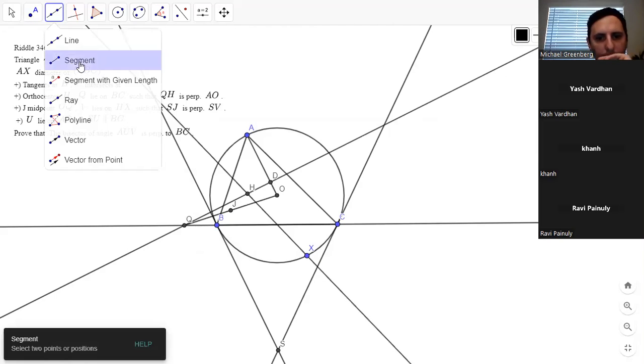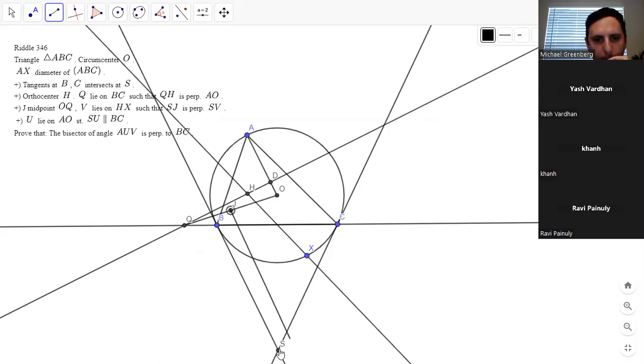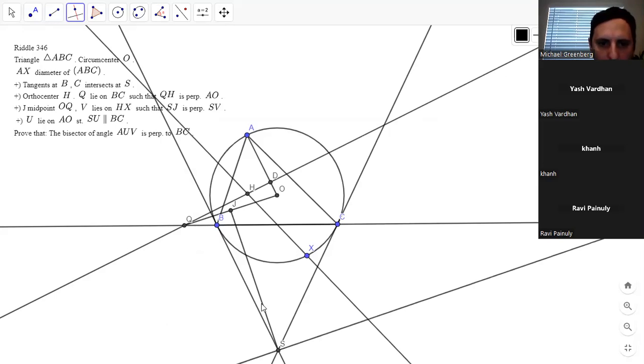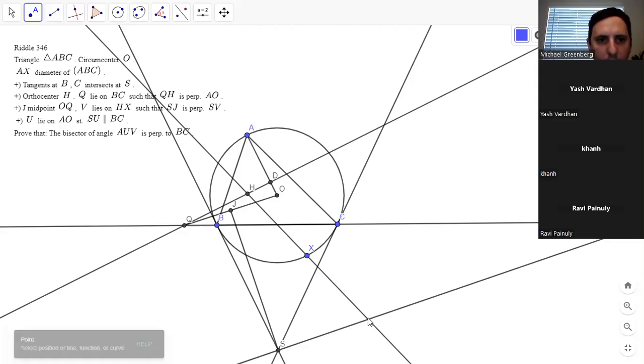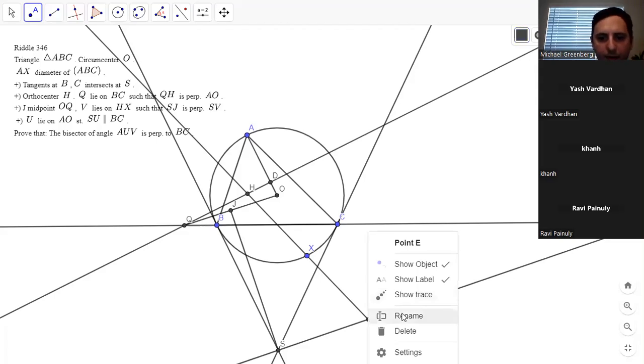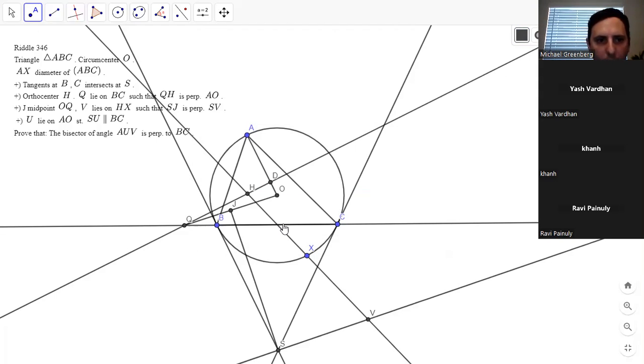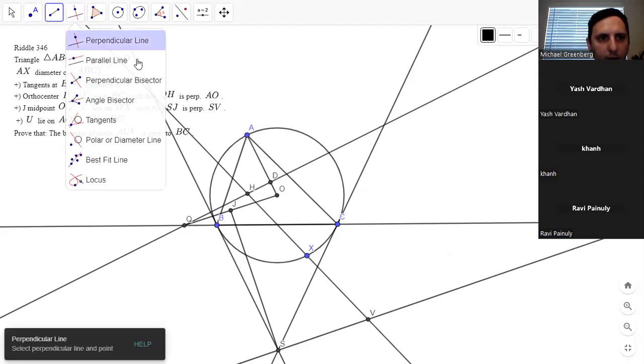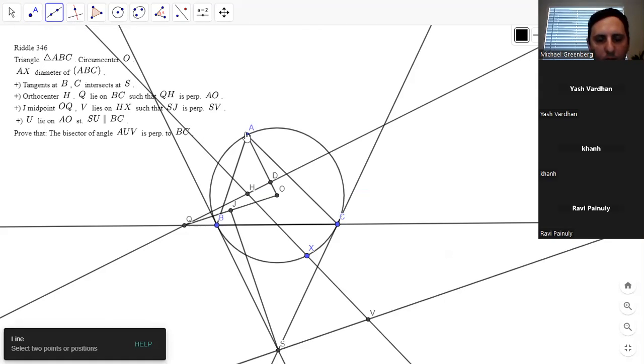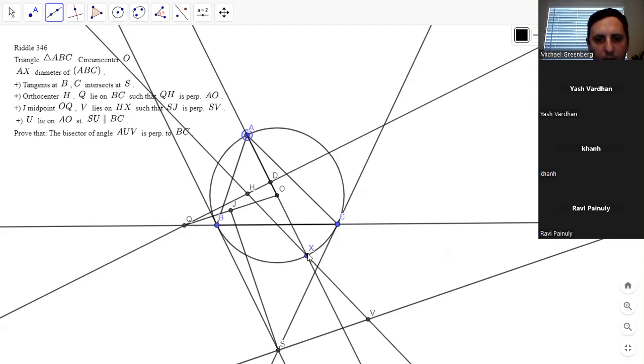Interesting. So we drop a perpendicular. So OQ is going to be parallel, it looks like, to SV. And U lies on AO such that SU, okay, so we're going to have to draw AO. Obviously, that passes through X. And we want to draw this.